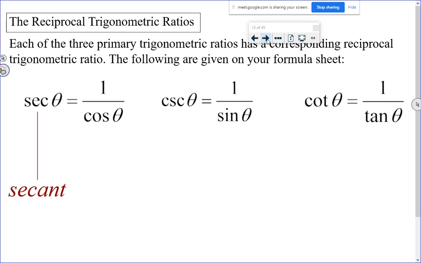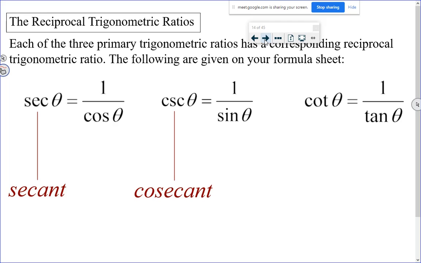When I say this, I say secant theta. I don't go sec theta. It's secant theta. Cosecant theta is abbreviated when you write it CSC, but we don't abbreviate it when we say it. We say cosecant theta. And cosecant is the reciprocal of sine.